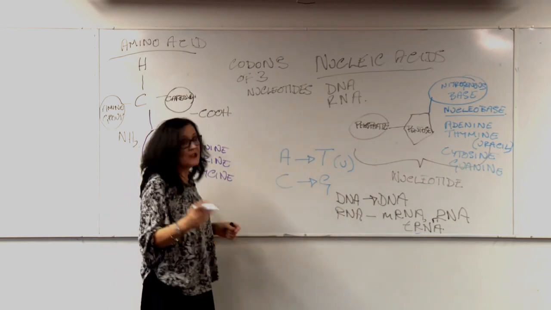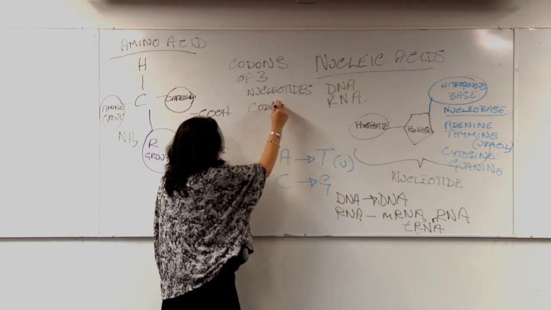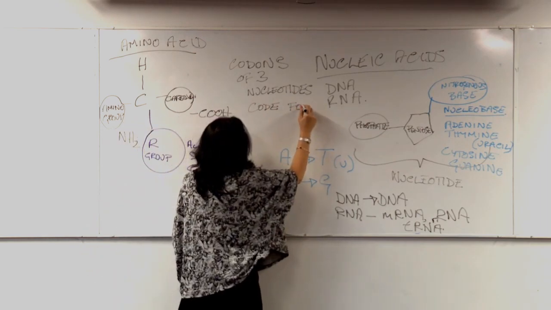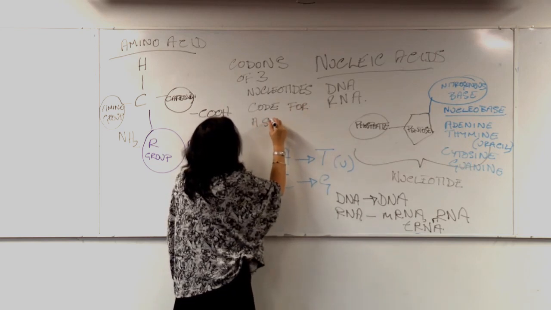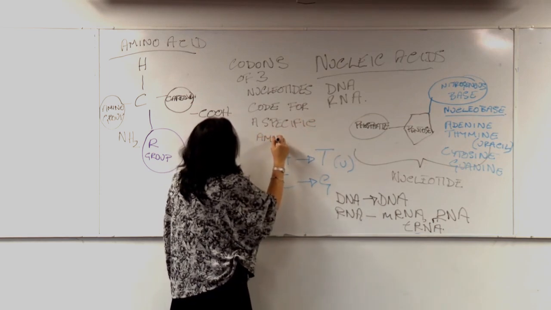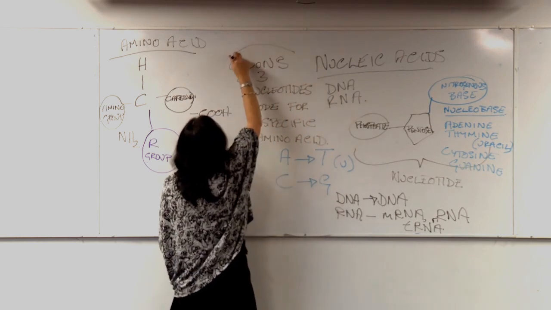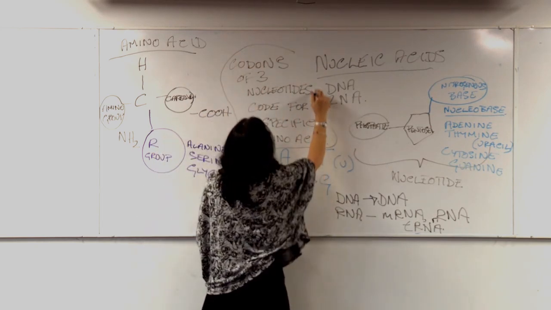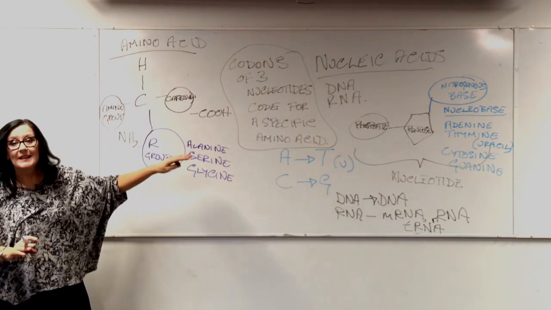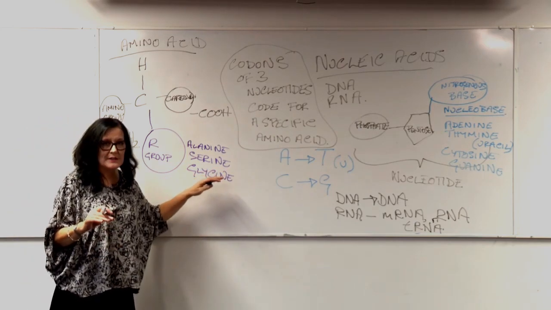So codons of 3 nucleotides code for, or are specific for, 1 amino acid. And this is where we get our link between the two of them. So nucleic acids code for amino acids. They tell us what proteins we're going to make.